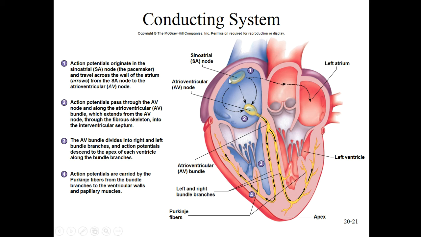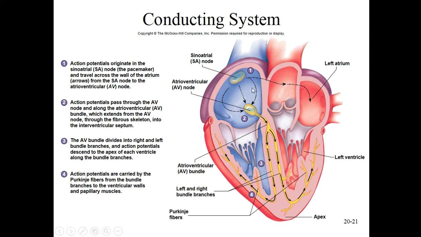system. It starts here with your own built-in pacemaker, the sinoatrial node. The sinoatrial node is sort of like your little spark plug, and it has a mechanism inside that allows it to make a little spark about once a second. That electrical activity can flow right through the heart muscle.